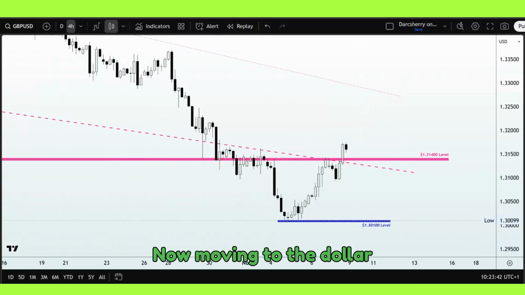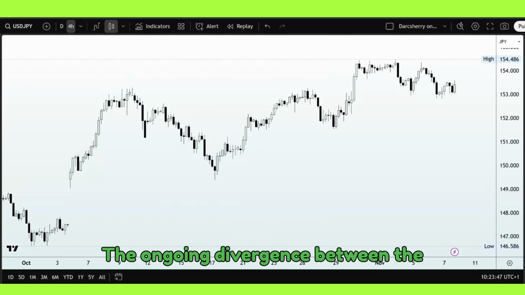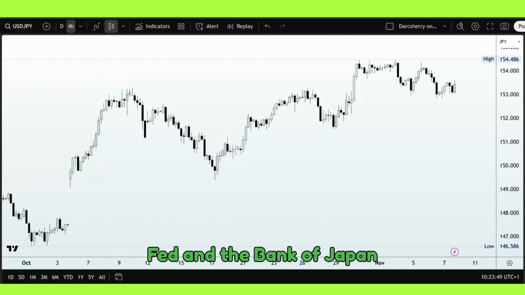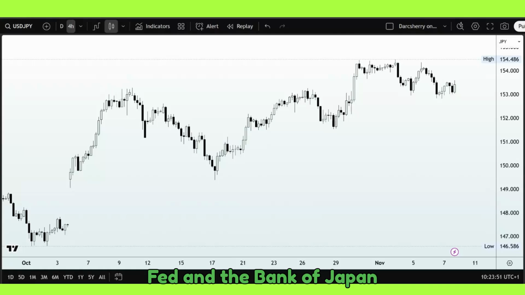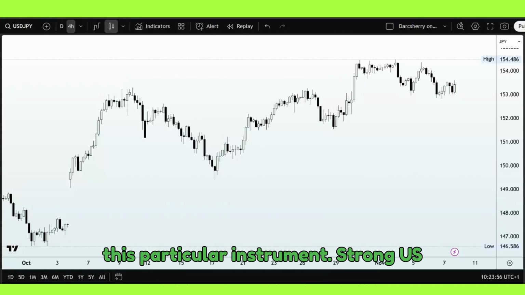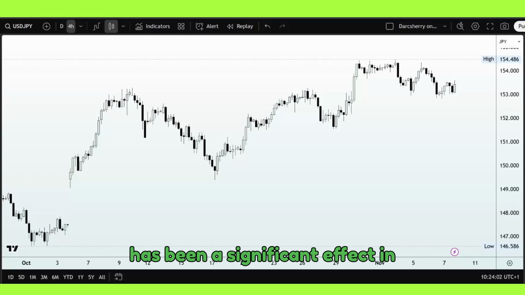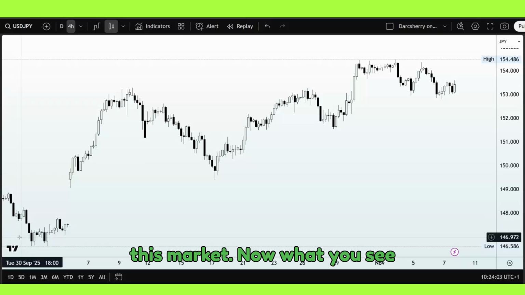Now, moving to the dollar yen, the ongoing divergence between the Fed and the Bank of Japan has been the main driver of this particular instrument. Strong US yields versus ultra loose Japanese policy have had a significant effect in this market.